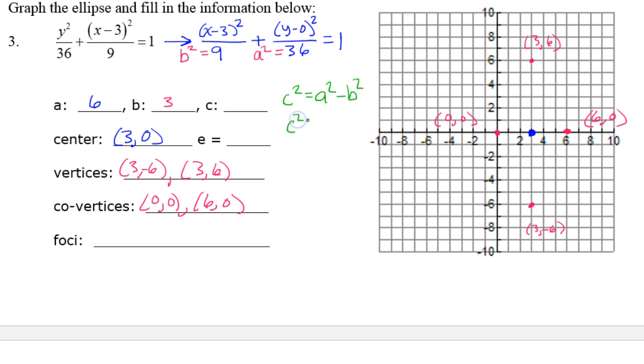So c squared is going to equal 36 minus 9. So c squared is equal to 27, which means that c is equal to the square root of 27. 27 is 9 times 3, which means that c is equal to 3 radical 3.